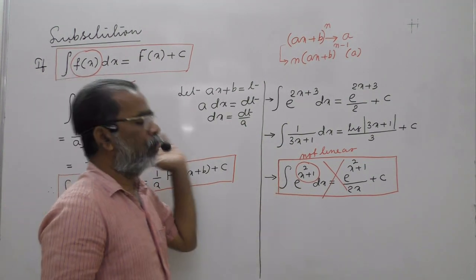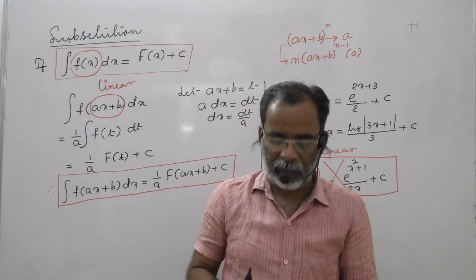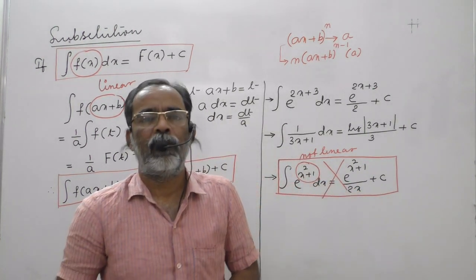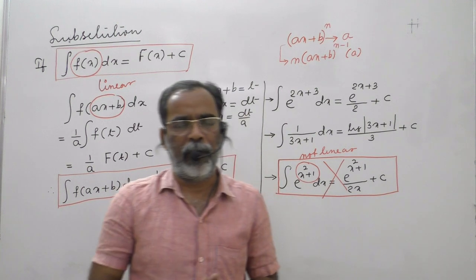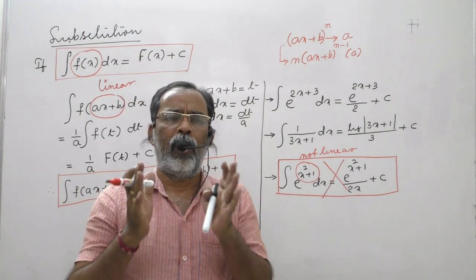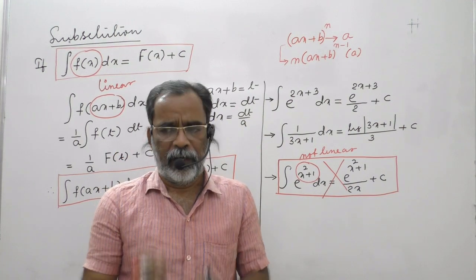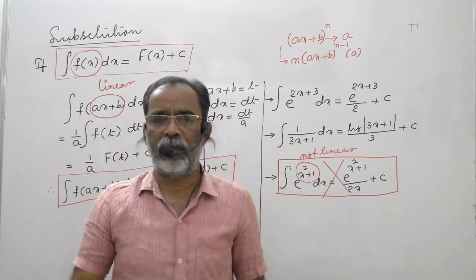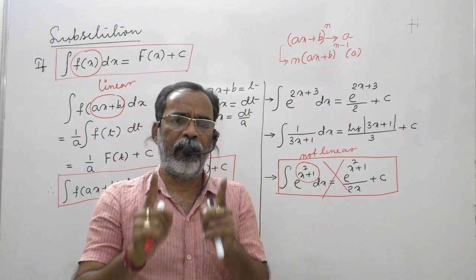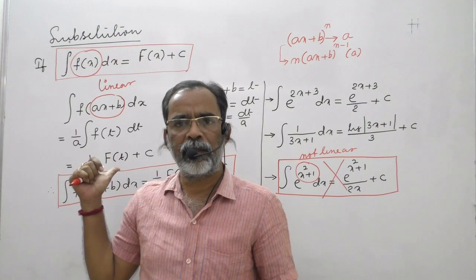Okay? So by this concept, we have come to this conclusion. There are 27 basic integrands, 27 formulae, all in the single variable x. This concept says that those 27 integrands can be extended to this.